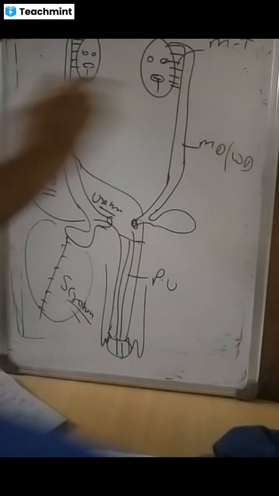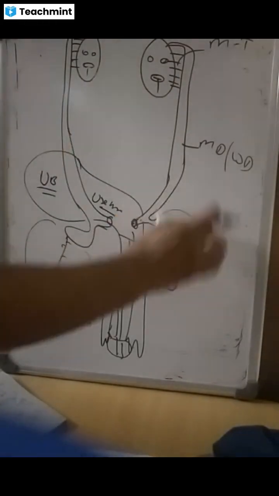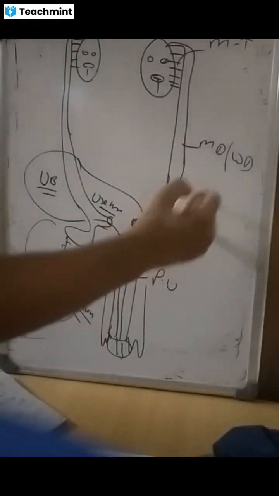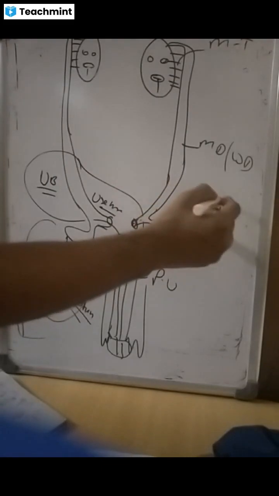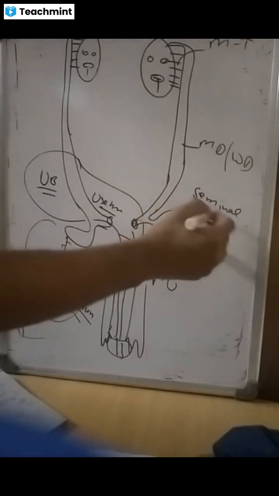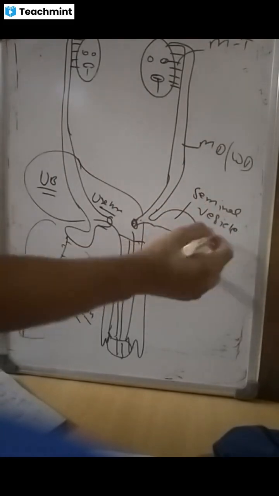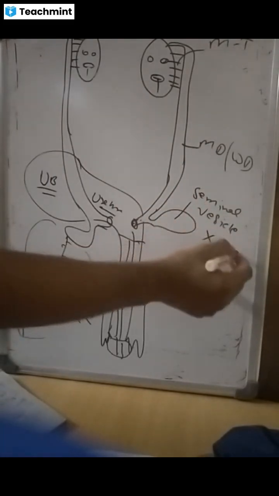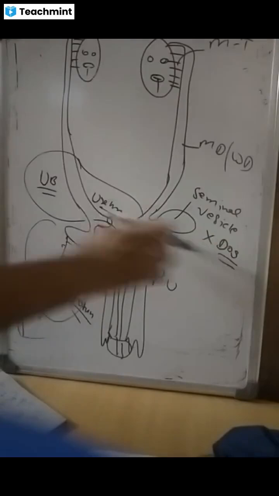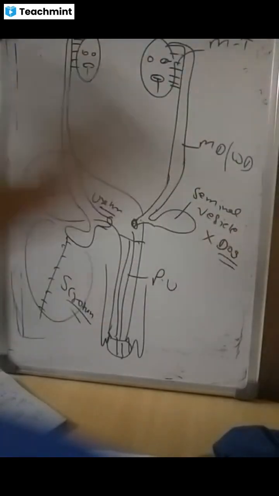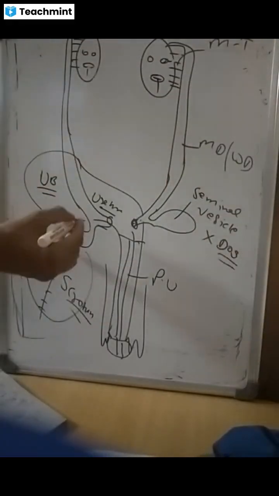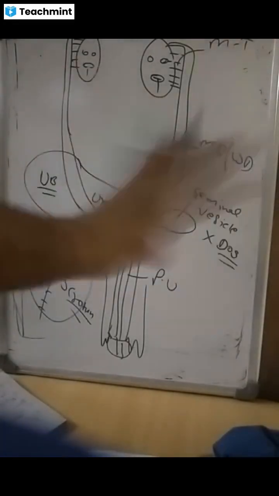So what are these evagination structures? These are known as seminal vesicles, which are absent in dog, there is no evagination in dog. In other species it is there. The mesonephric duct opens into the urogenital sinus.